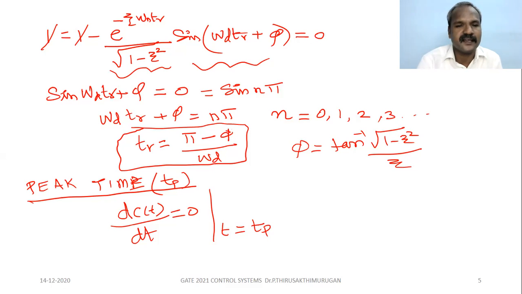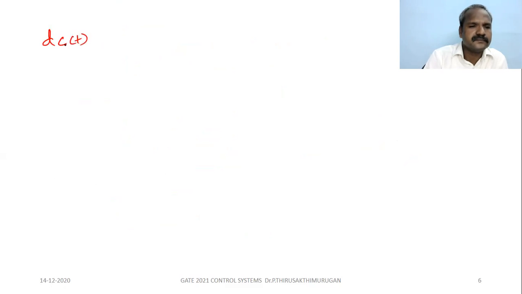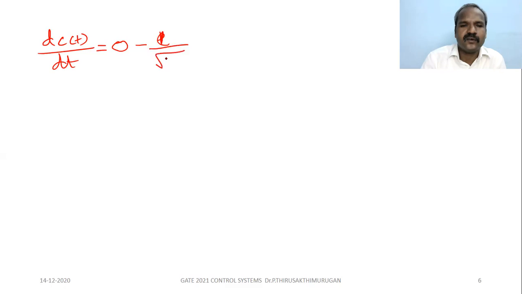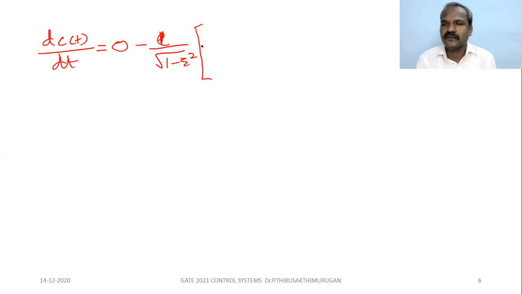If we differentiate this expression, to get the peak or maximum or minimum value, we differentiate with respect to t. So dc of t by dt equals, the differential of 1 is 0, minus 1 by square root of 1 minus zeta square. There are two terms, so we use the UV method.